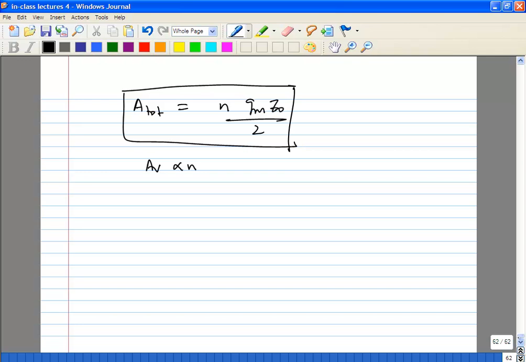So it's linear. Overall gain is linear with the number of stages. So obviously this means that you can get some amount of gain even at FT.